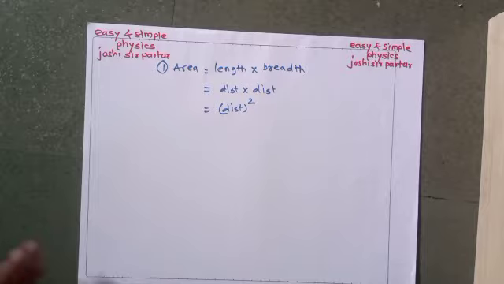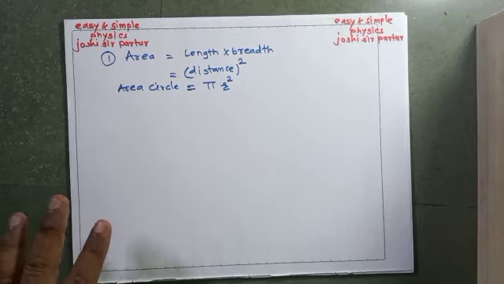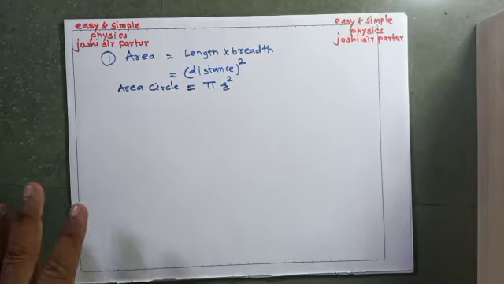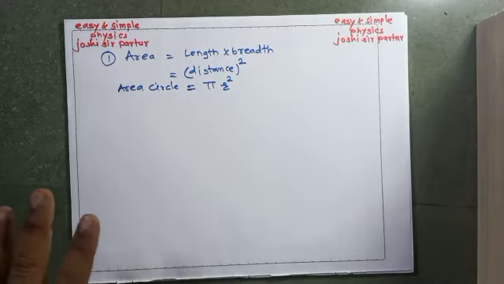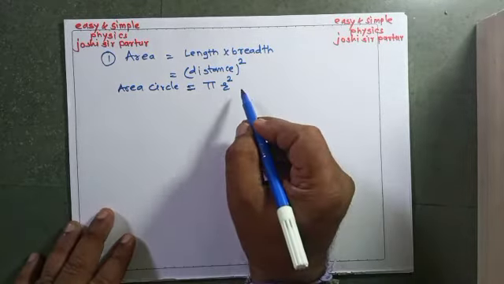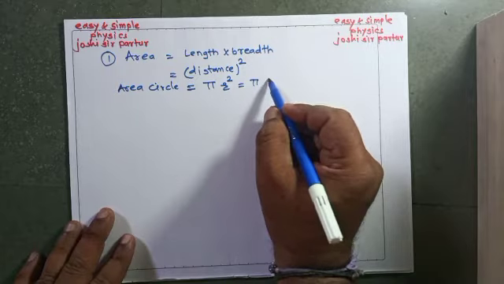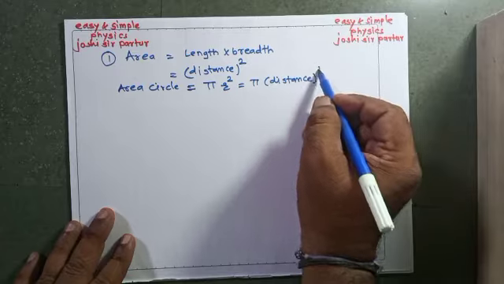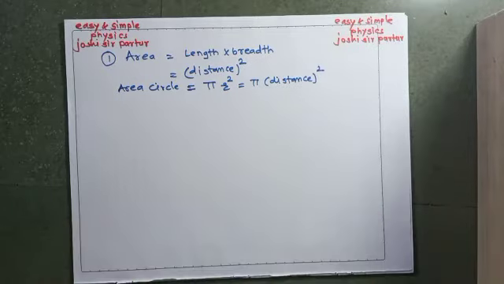Then we find the area of a circle, that is pi r square. We want to measure the area of the circle, that is pi r square, which is pi into distance square, meaning the formula in terms of distance, mass and time.